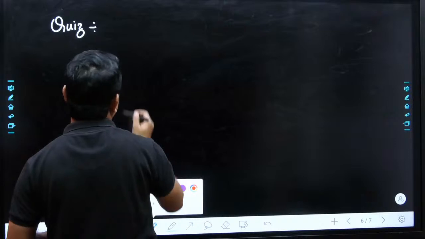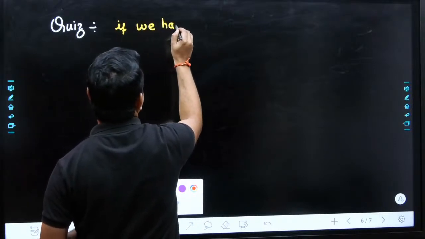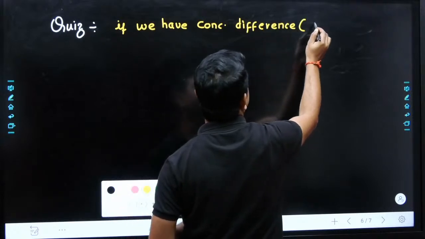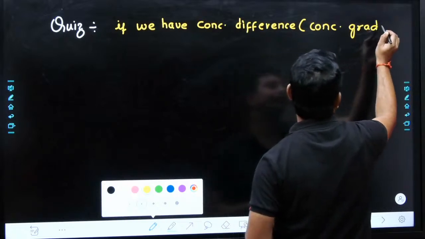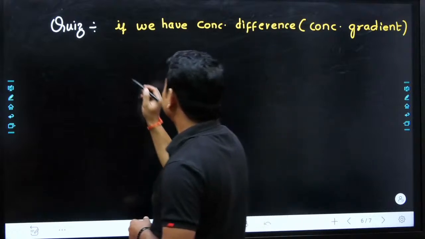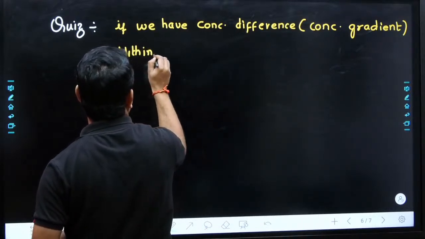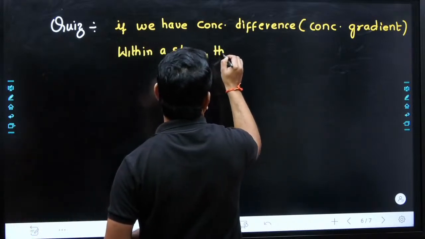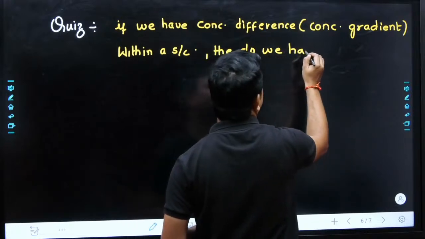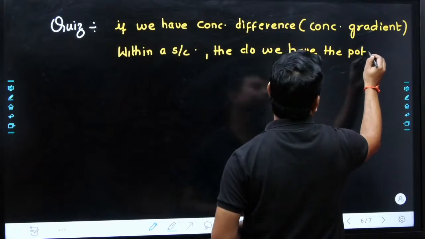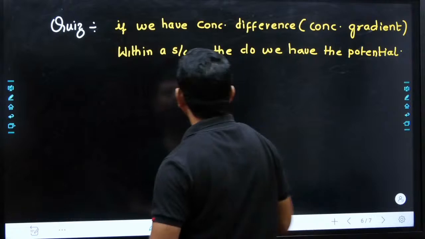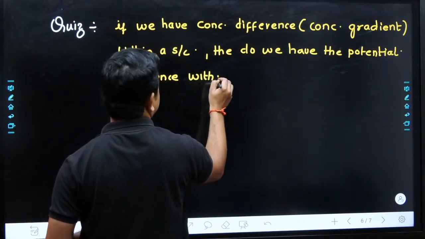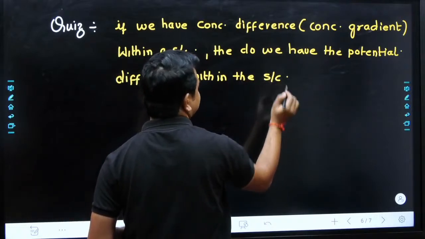Okay. If we have a concentration difference, which is also known as concentration gradient, within a semiconductor, then do we have a potential difference within the semiconductor?